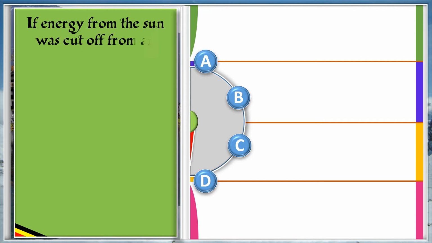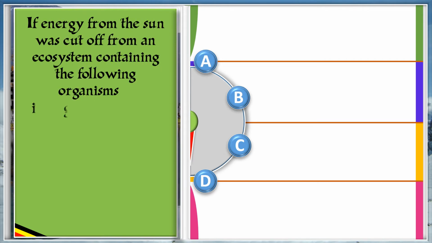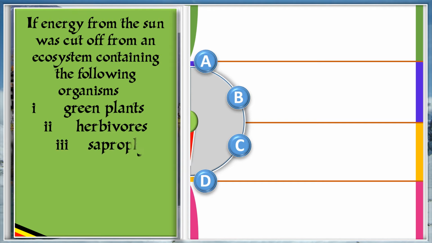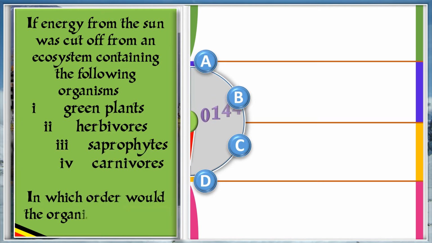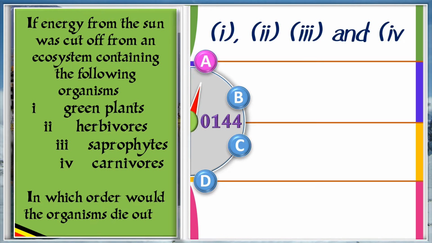If energy from the sun was cut off from an ecosystem containing the following organisms: 1. Green plants. 2. Herbivores. 3. Saprophytes. 4. Carnivores. In which order would the organisms die out? A. 1, 2, 3, and 4.